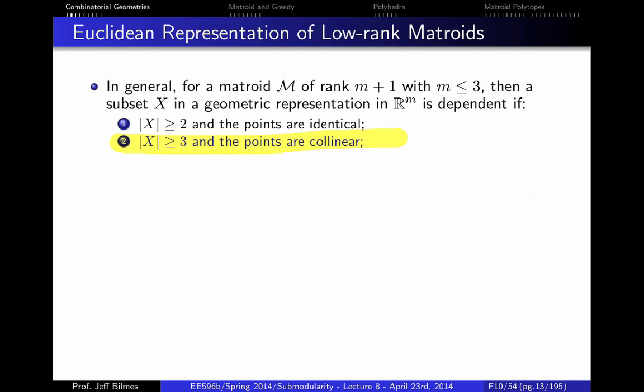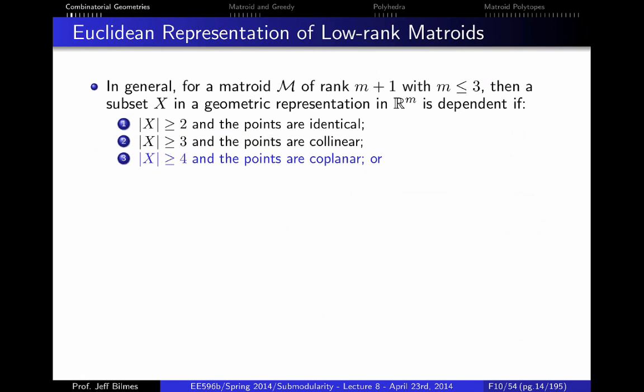Those are independent because they have rank 2, equal to the size. But as soon as you have 3 or more collinear points, they're dependent because it only takes any 2 of those points to span the line within which those collinear points are embedded.